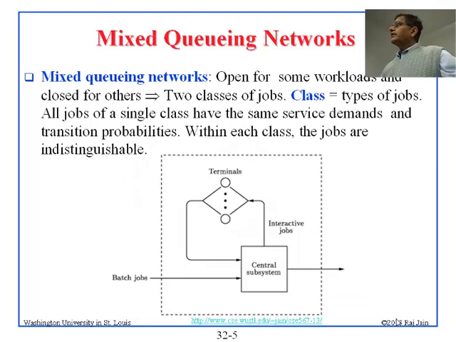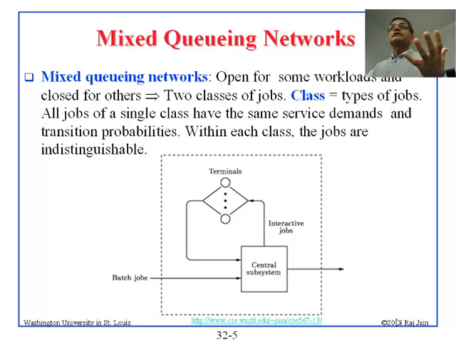And there could be hybrid systems too. Hybrid or mixed, in which there are multiple classes of jobs. For some classes of jobs, the system is open. For some, it is closed. So, for example, interactive systems means you might have a thin client on the desk, and there are 15 people who are working on a single computer.